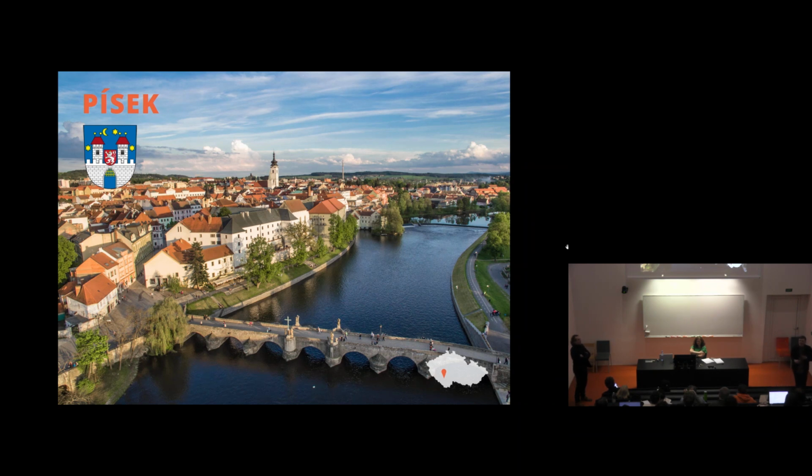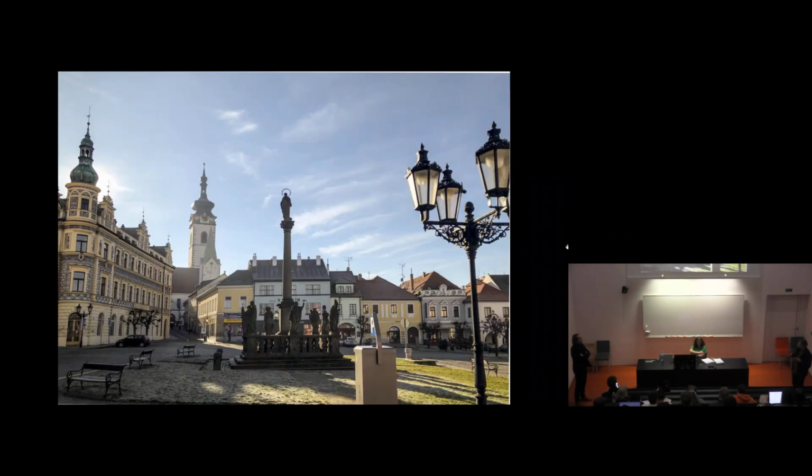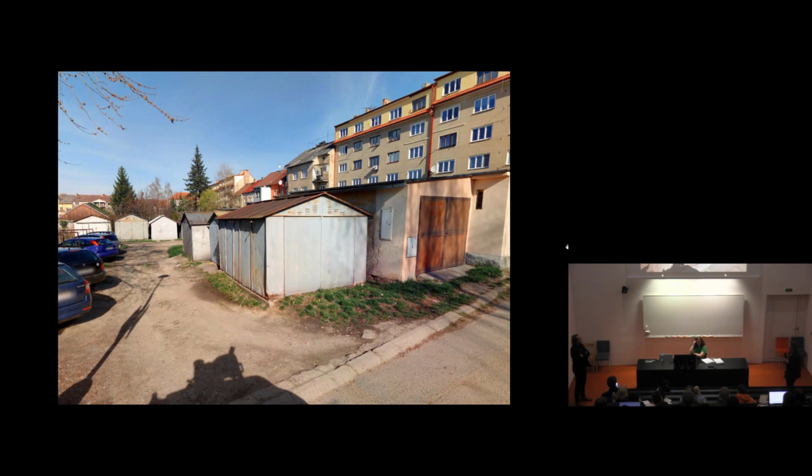It's a left confluence of the Vltava, and so we will work on this historical city. It's a beautiful place with a beautiful historical center, but there are also neglected places in the town.